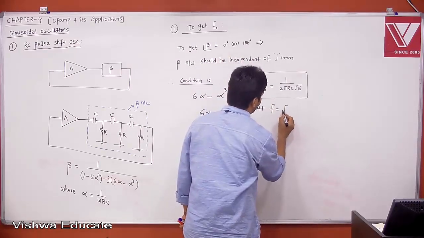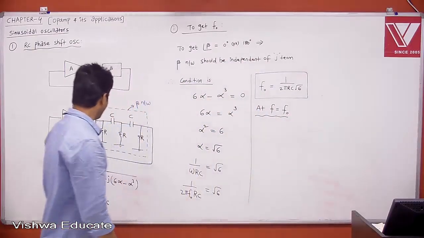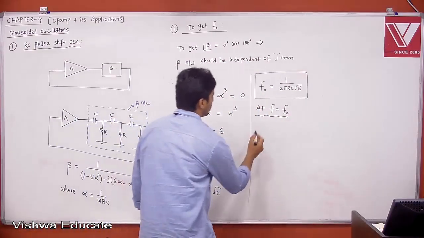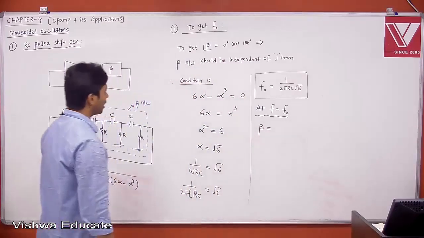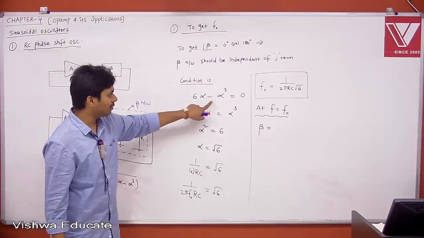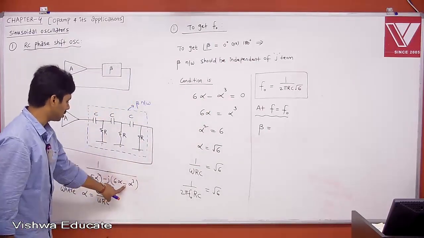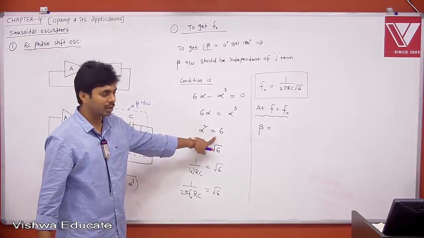Let's see, that is what we want to find. At f is equal to f naught, tell me what your beta network is. Then beta is equal to what? At f is equal to f naught, 6 alpha minus alpha cube is equal to 0, and alpha square is equal to 6, right?